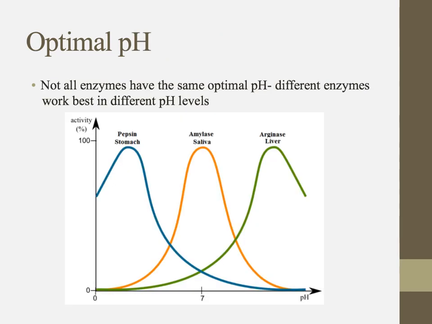The same phenomenon happens with pH. So let's look at a couple examples here. You have in your saliva an enzyme called amylase. You're going to hear that about a good jillion more times. Amylase breaks down starch, and its optimal pH is around 7, which is about the pH of your saliva.